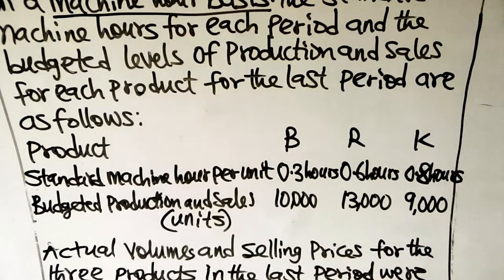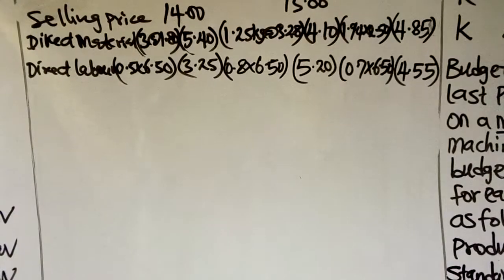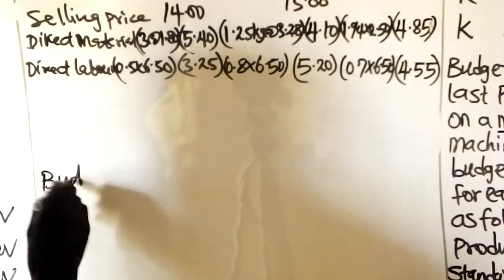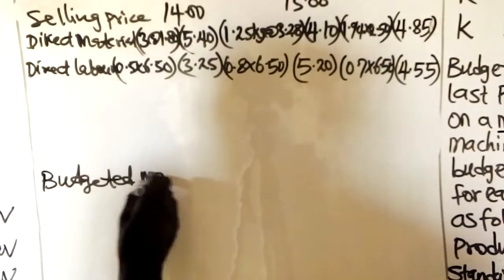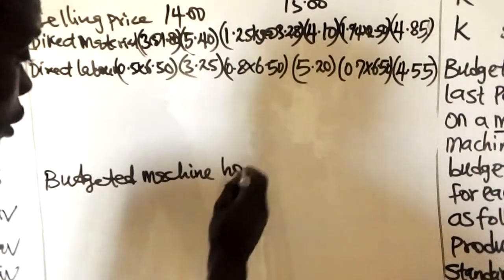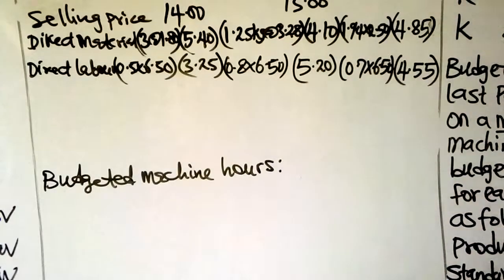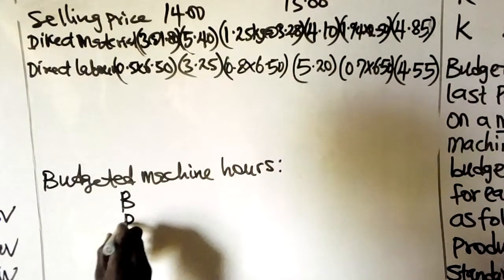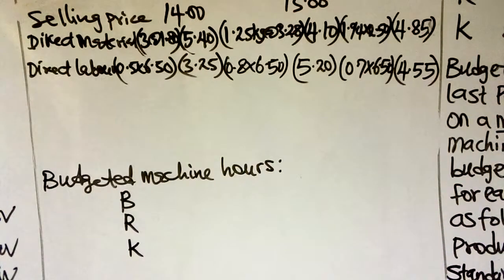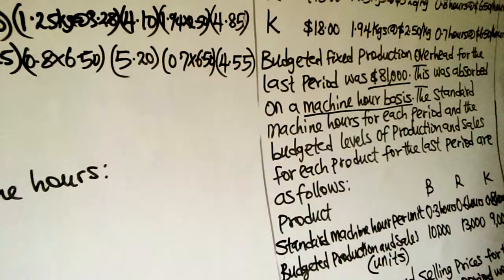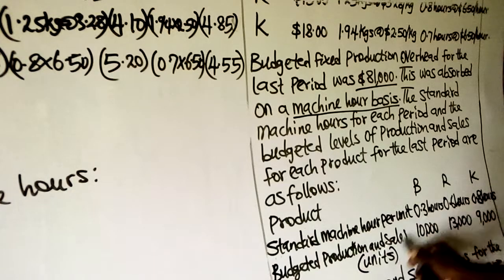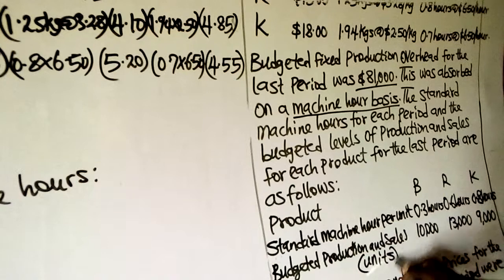So now let's compute our budgeted machine hours. Three products are involved: product B, product R, and K. The budgeted machine hours for B is 0.3 and budgeted production is 10,000 units.